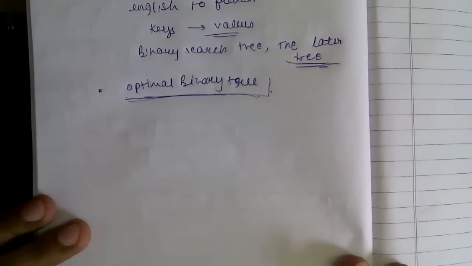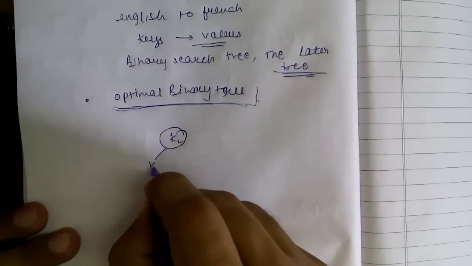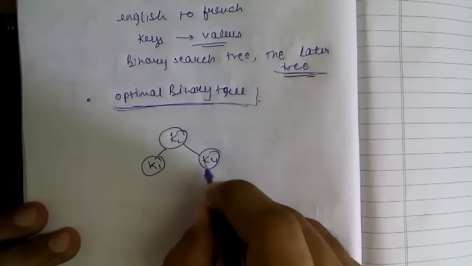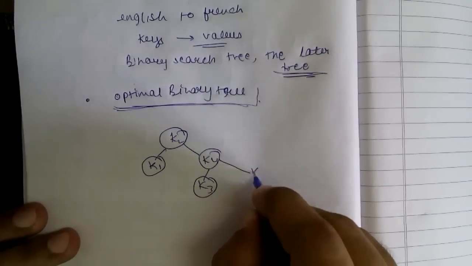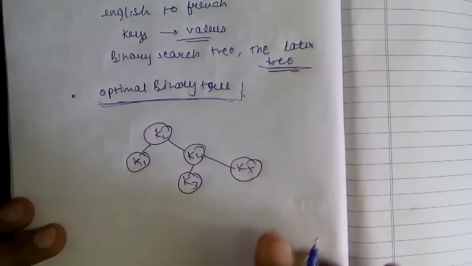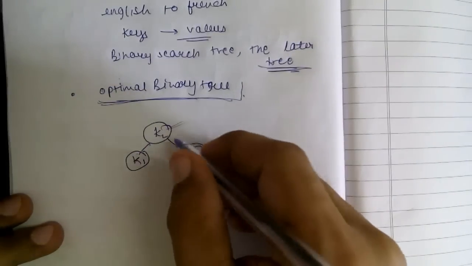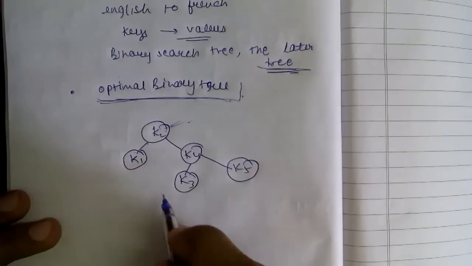So let's see, this is our tree for converting English to French. These are the keys. This is maybe some English word we want to find its translation.